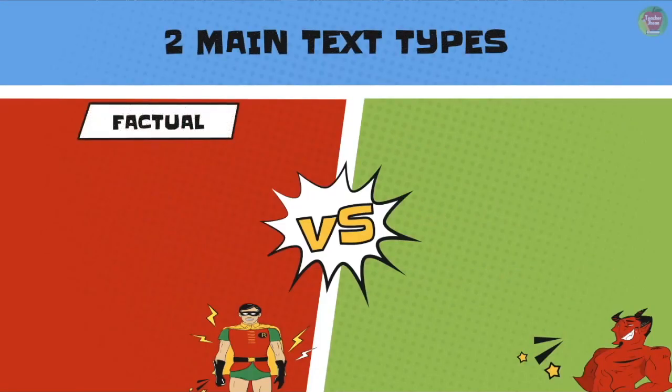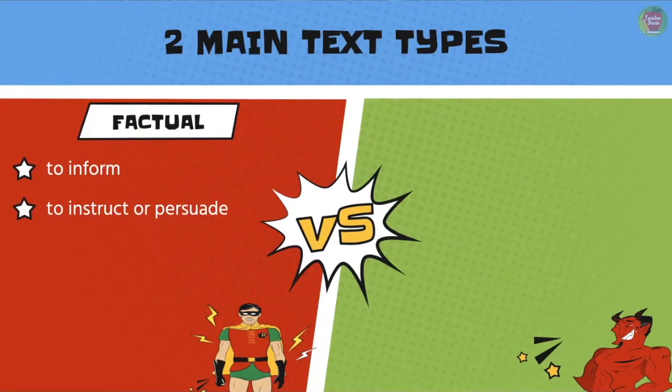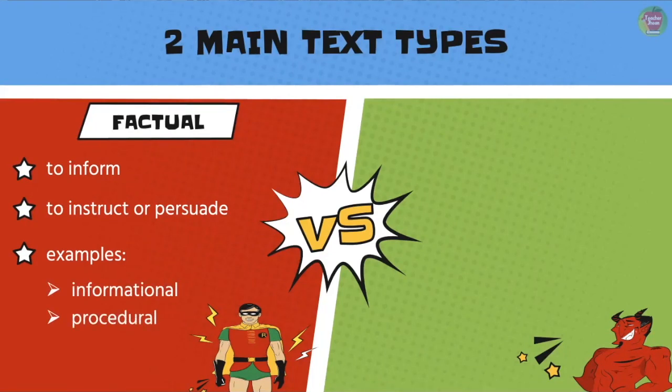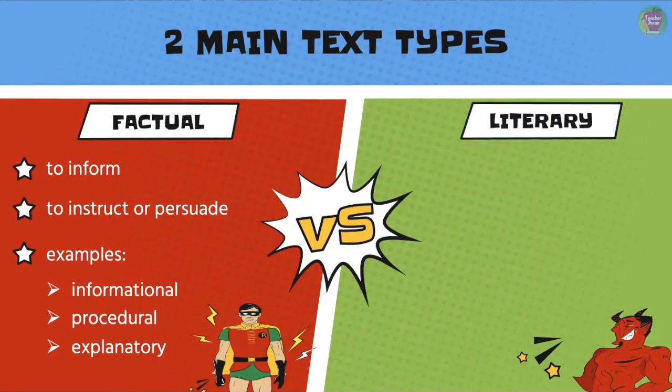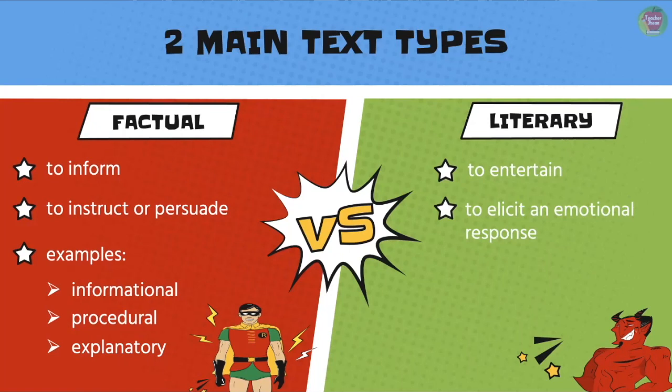A factual text type is to inform, to instruct, or persuade. Examples of factual text types are informational, procedural, and explanatory, while the literary text type is to entertain and to elicit an emotional response. Example of a literary text type is a narrative text type.